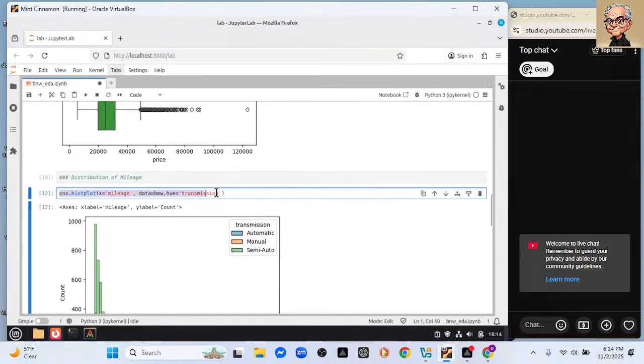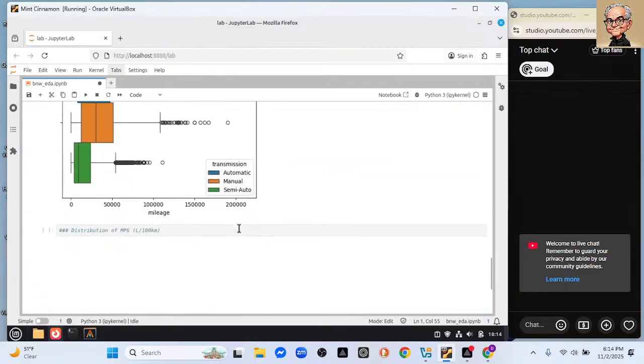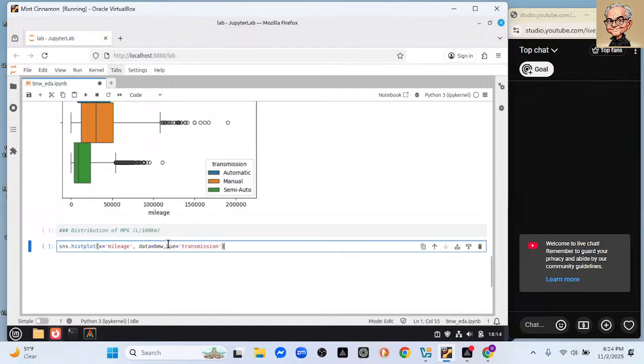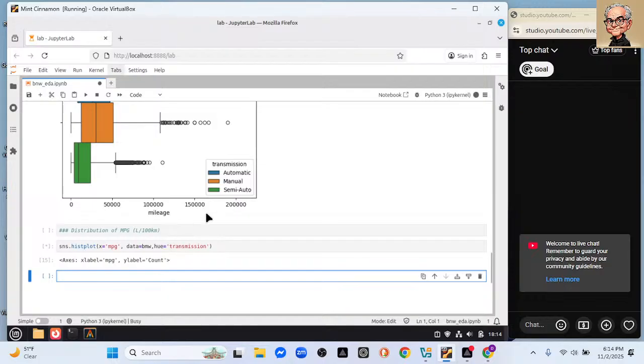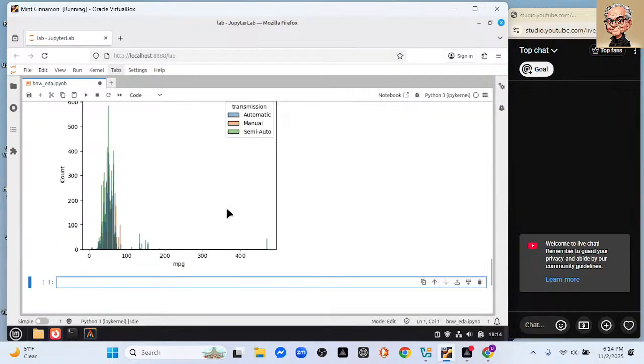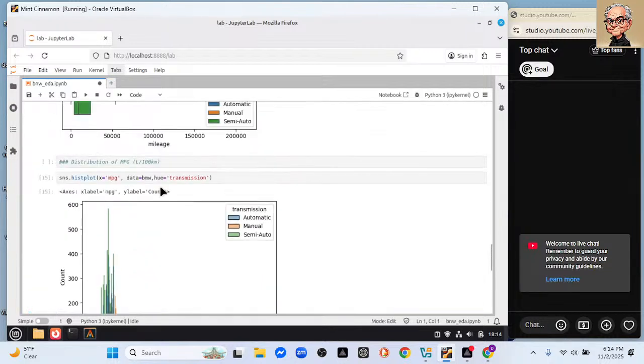So what do you think about these plots? Are these plots helpful? So again, let's get rid of this here.